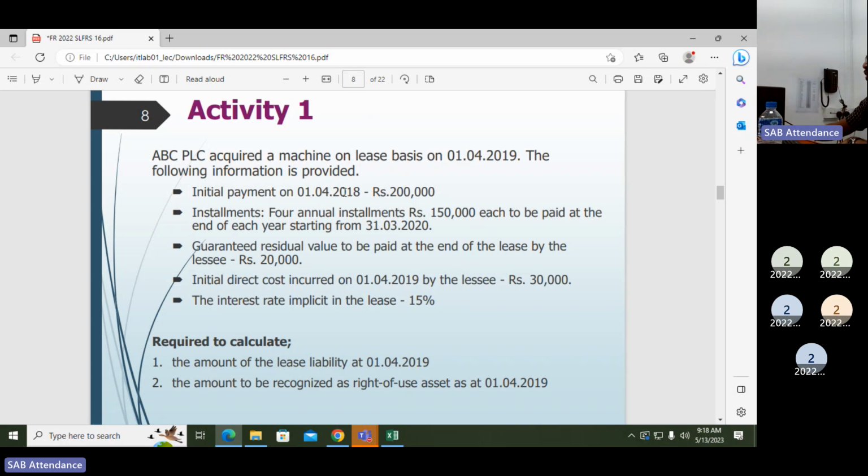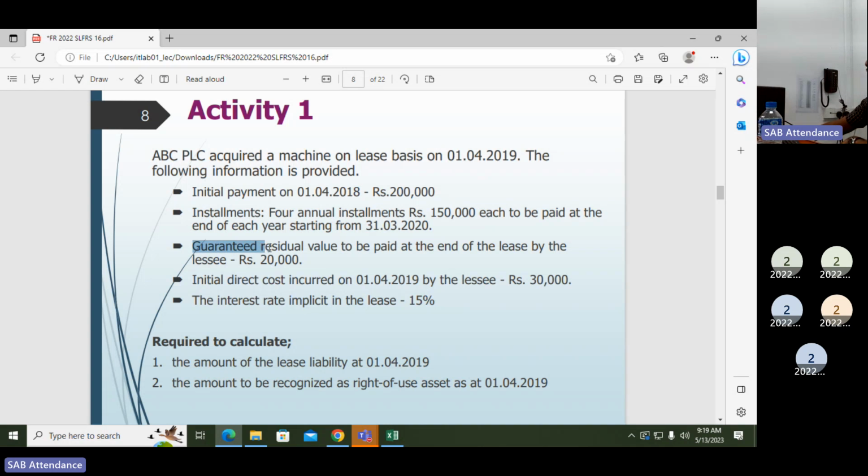Now this one also should be 2019, right? The agreement date is 2019, and the down payment was also made on that date. Then annual installments start after 1 year, 150 each over 4 years.